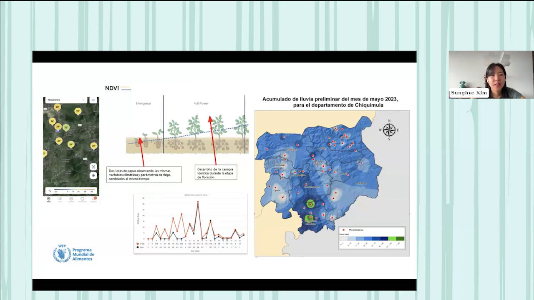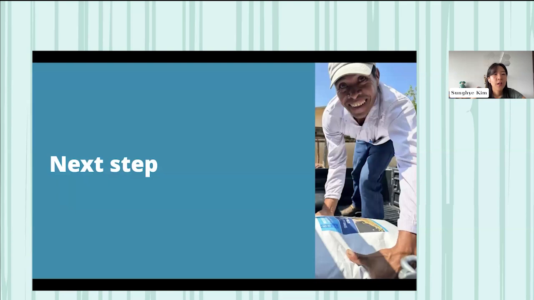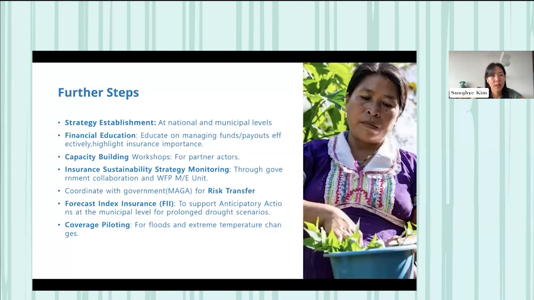Well, yeah. As you can see here, these are the deliverables that we've collected from the climate information services. So yeah, moving on to the next step of our DRF package.